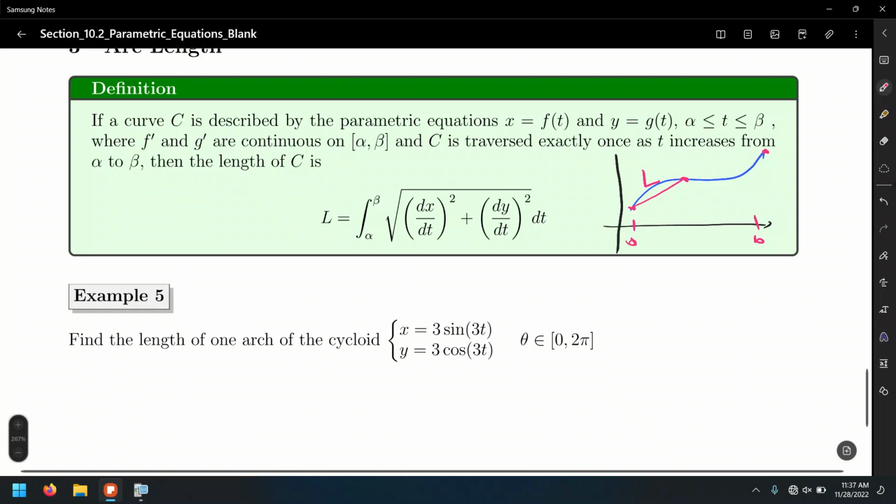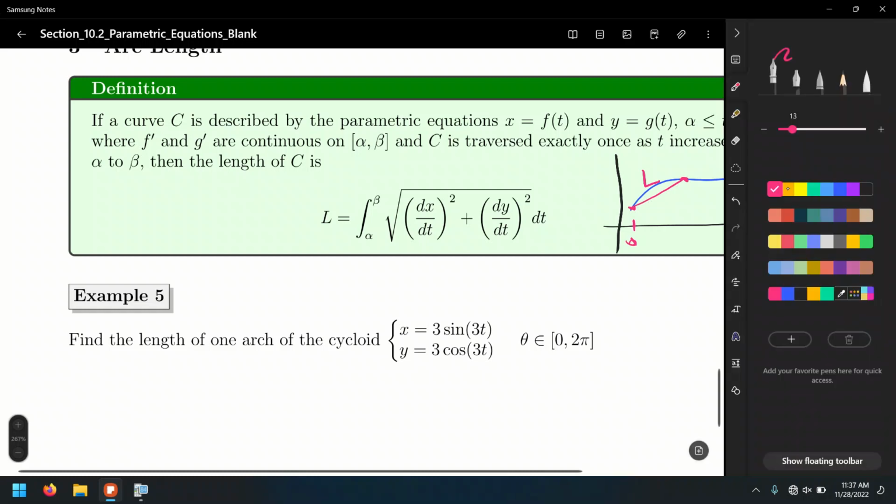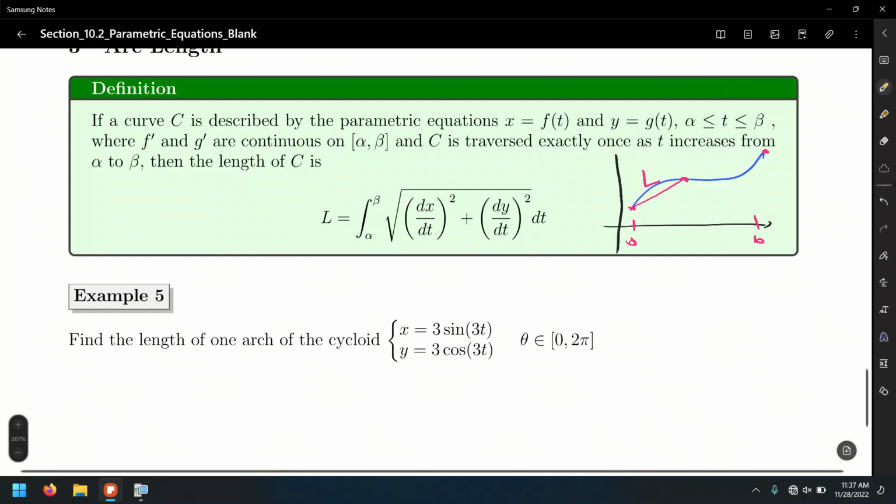Now, in order to go from point A to point B on this partition of length, it takes two things. The first is some displacement in the x direction that I'm going to call delta x, and some displacement in the y direction, the vertical direction, that I'm going to call delta y. The uppercase delta symbol is always used to describe change.